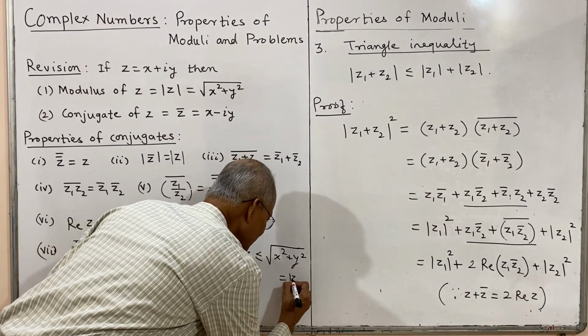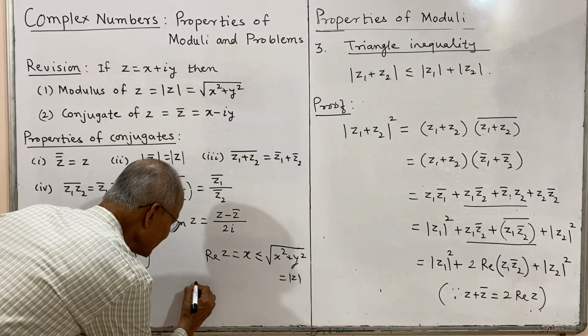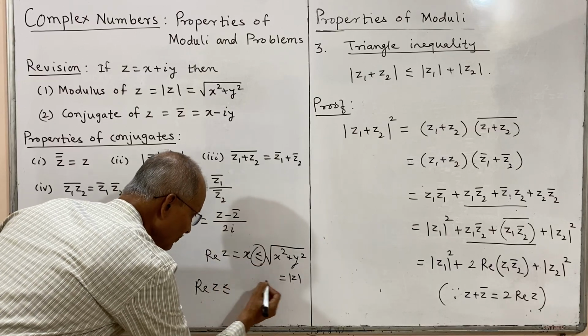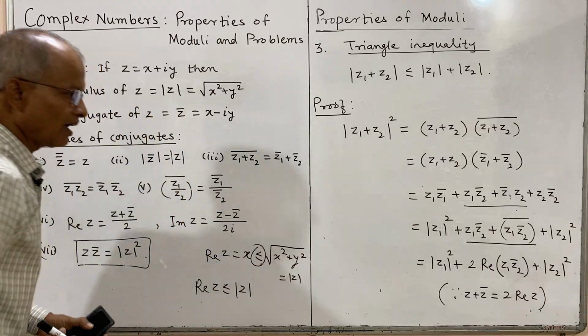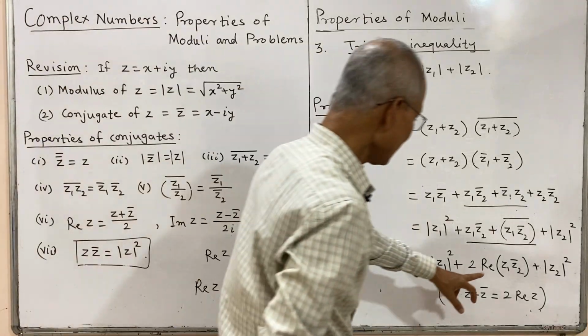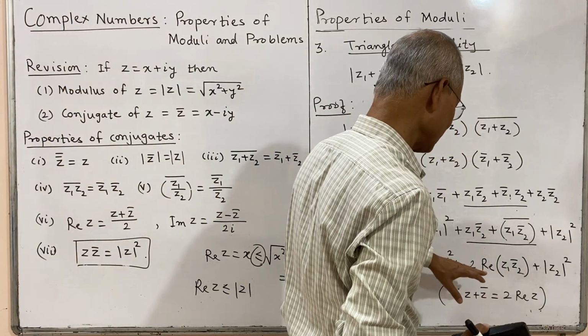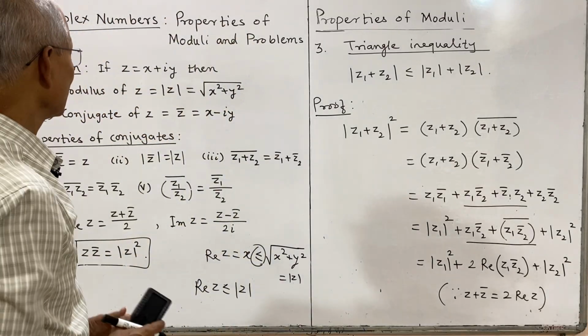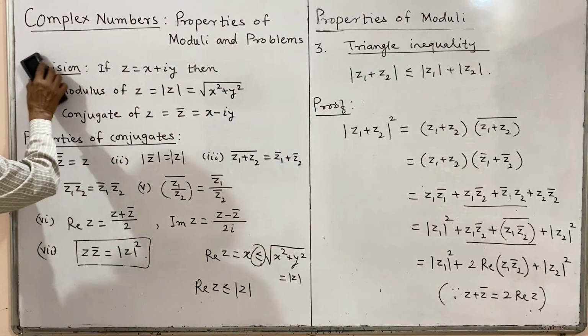This is equal to mod z, and that means the property is real z is always less than or equal to mod z, and thus the real part of z1 z2 bar is less than or equal to the mod of z1 z2 bar, and that now I shall write here.